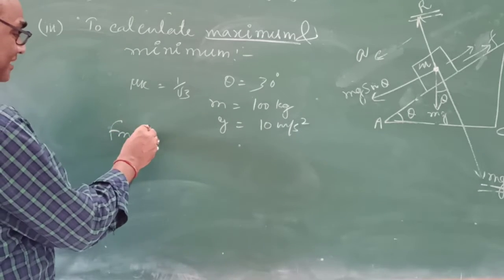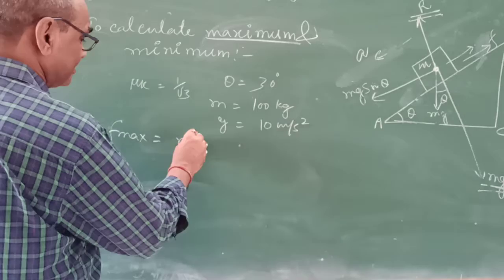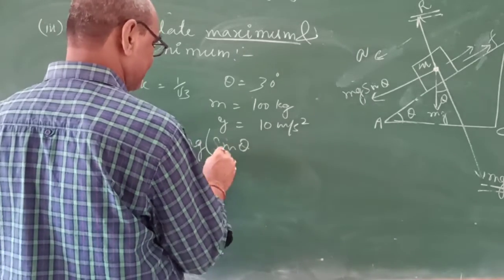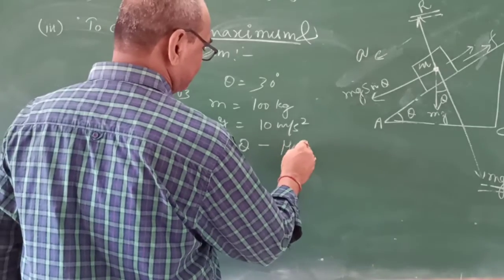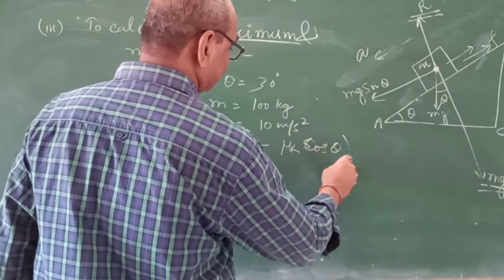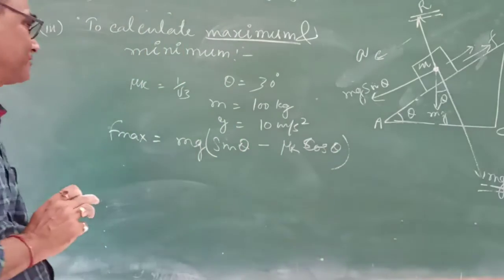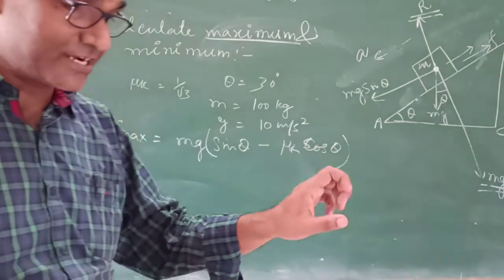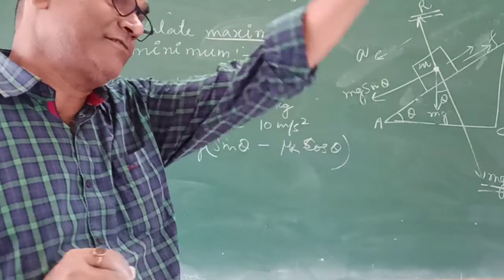Maximum force is equal to mg sin theta minus mu k cos theta, because it is moving, so we write mu k, the kinetic friction, in the opposite direction. You are applying force to make it move, so that it will move.